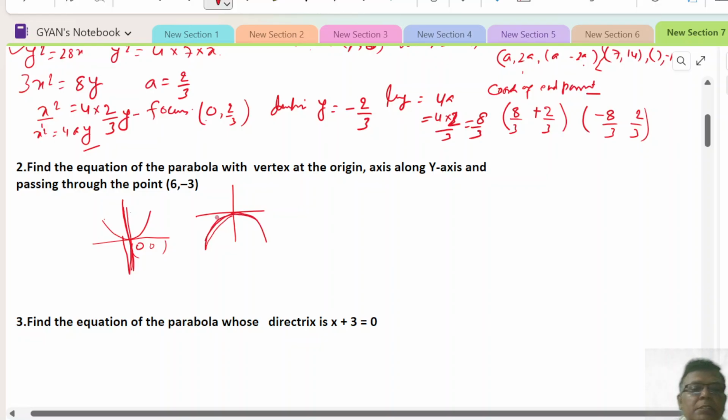But since axis is y-axis, this is form of x square is equal to 4ay. So put here 6 here. So 36 is equal to 4 into a into minus 3.